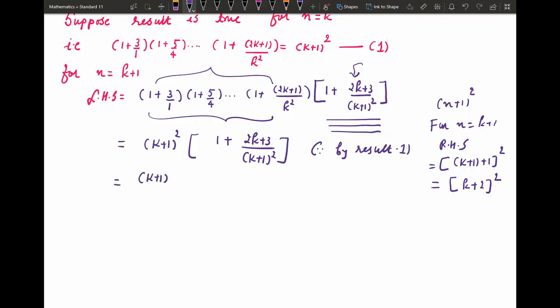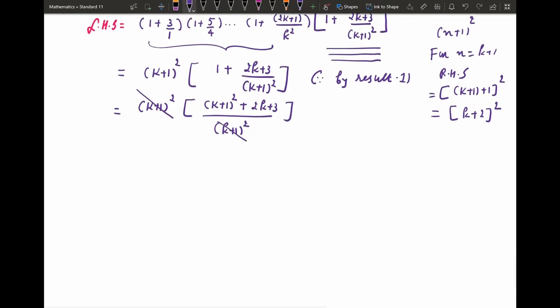Now we simplify. So this is (k plus 1) whole square. Take the LCM: (k plus 1) whole square plus (2k plus 3), upon (k plus 1) whole square. You can check this one.